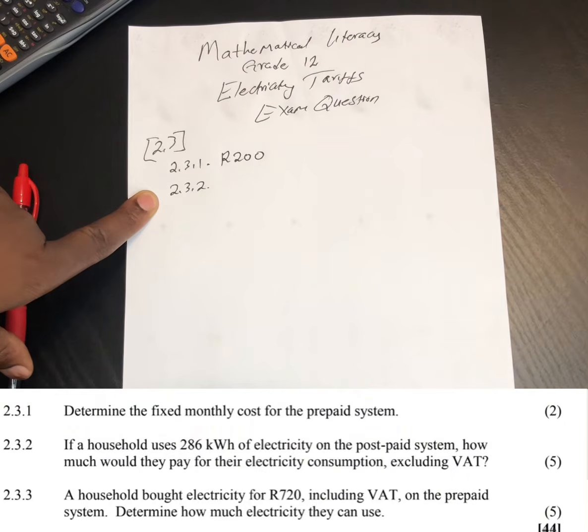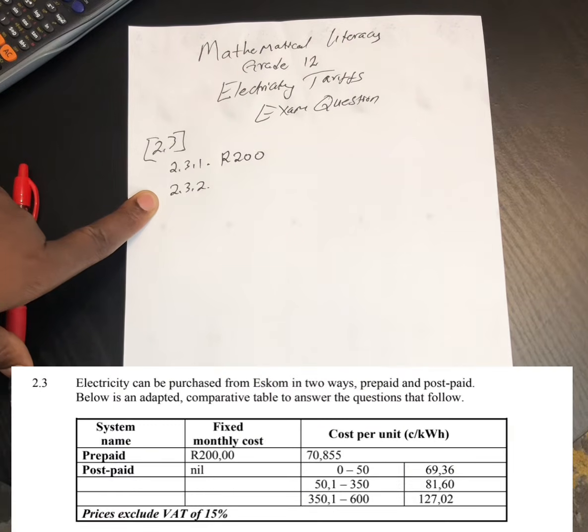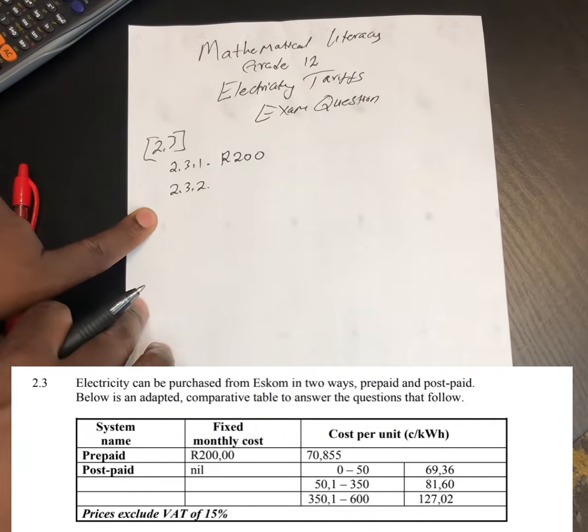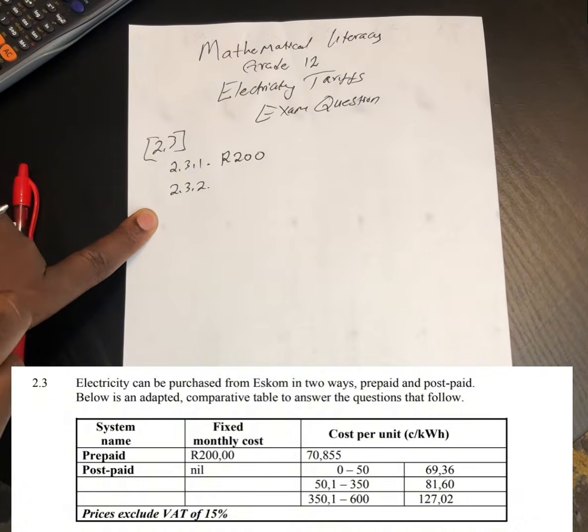So obviously the table is VAT exclusive, and they want us to calculate the amount to be paid for consuming electricity, VAT exclusive also. So we are not going to stress much about this. We just do the calculations. But the most important thing to remember is that the prices are in cents.